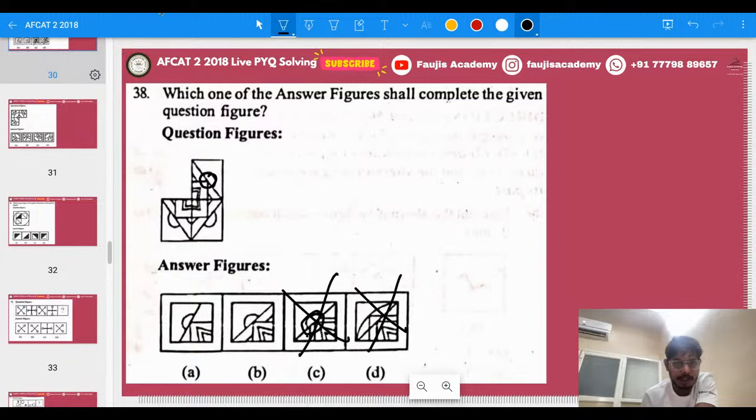Now you tell me, between A and B, which one could be the answer? Yes, absolutely, B is the right answer, for there are flanks. We need the flank over here in this one and in this one. These flanks are not there in option 1. So we'll go ahead with 38, answer option B.